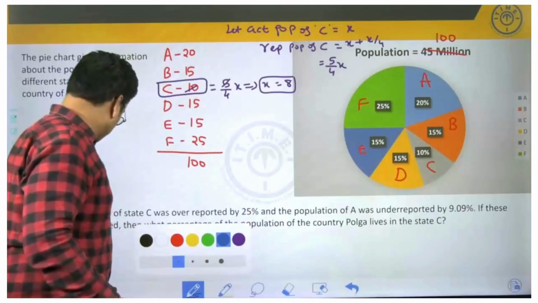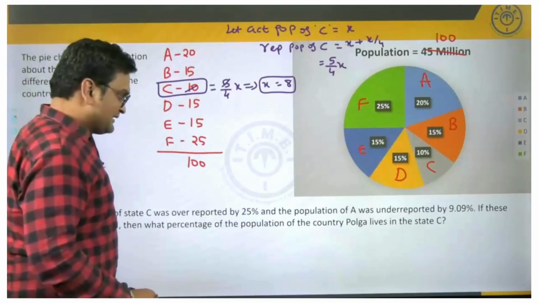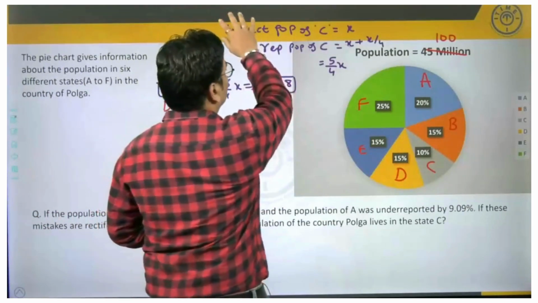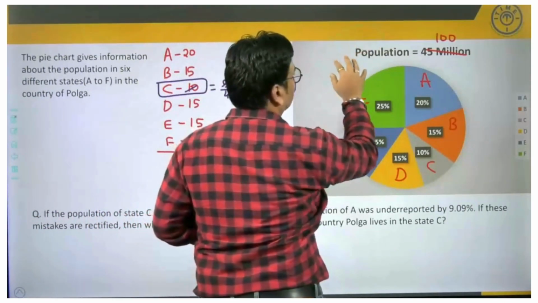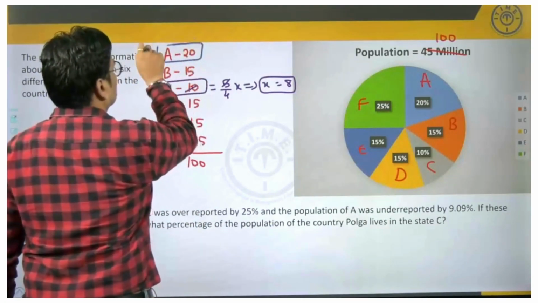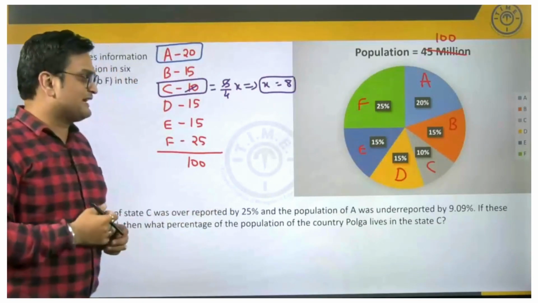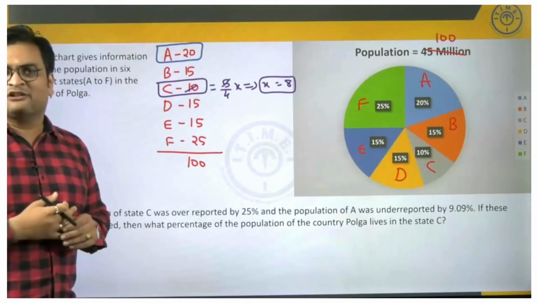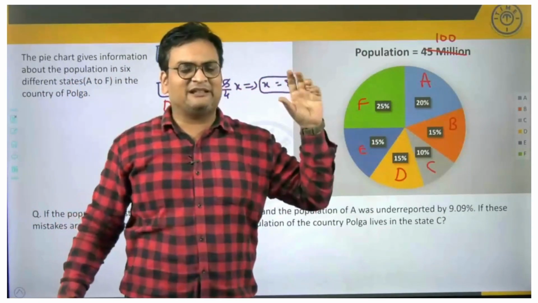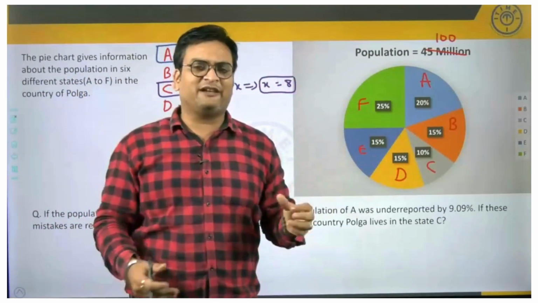Next, let's talk about the other city, which is A. For A, under reporting is happening. If the value was 100, now we are showing less for A. In case of C it was more, in case of A we are showing less.